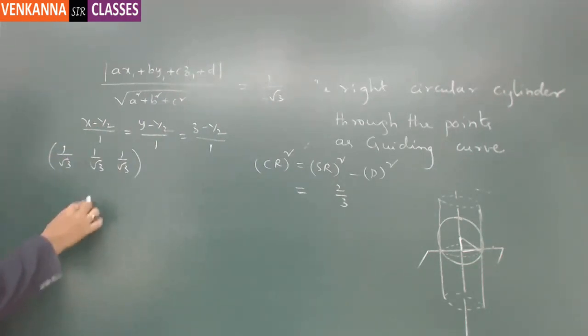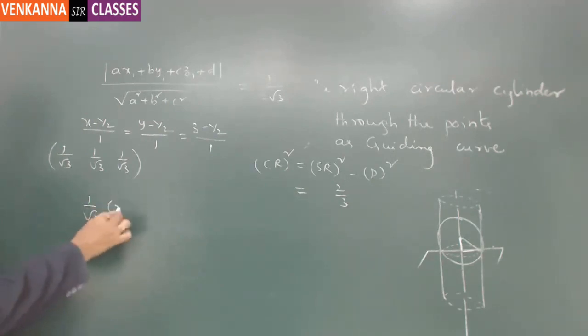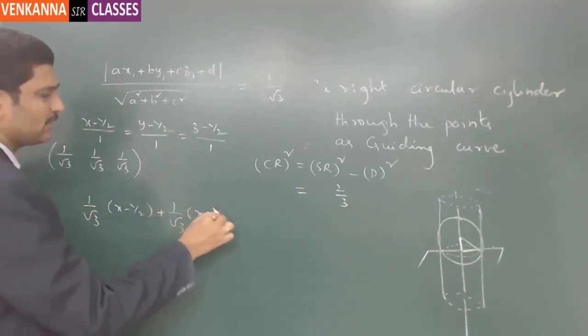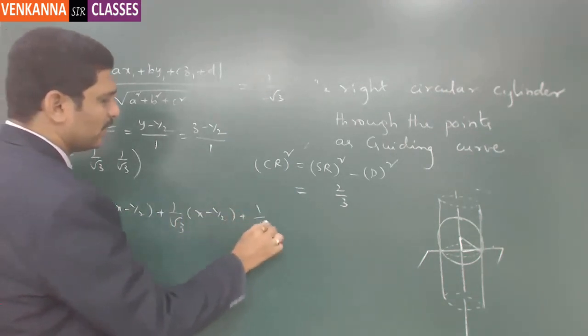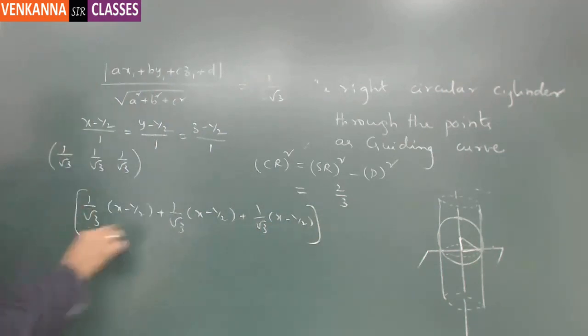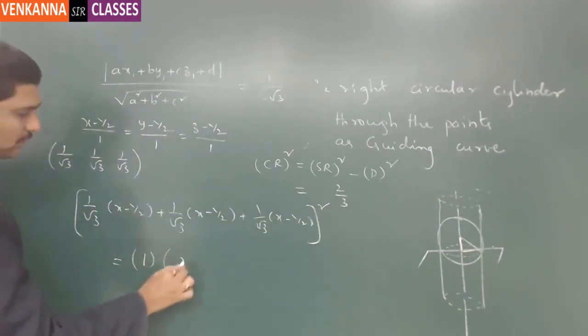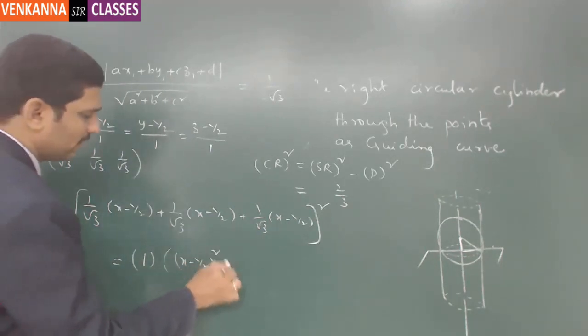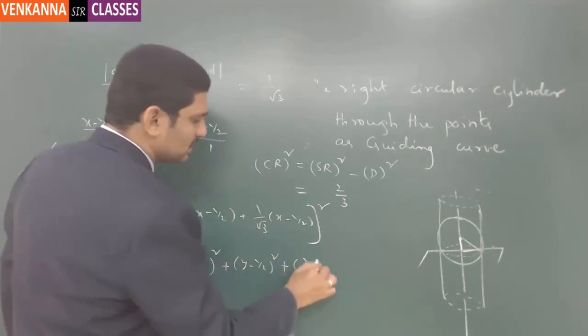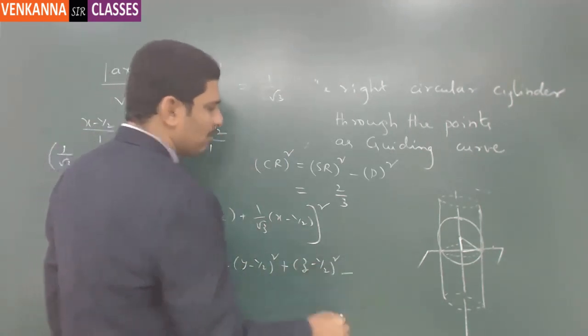So 1 by root 3 into x minus 1 by 2 plus 1 by root 3 into y minus 1 by 2 plus 1 by root 3 into z minus 1 by 2, whole square is equal to 1 into x minus 1 by 2 whole square plus y minus 1 by 2 whole square plus z minus 1 by 2 whole square minus 2 by 3.